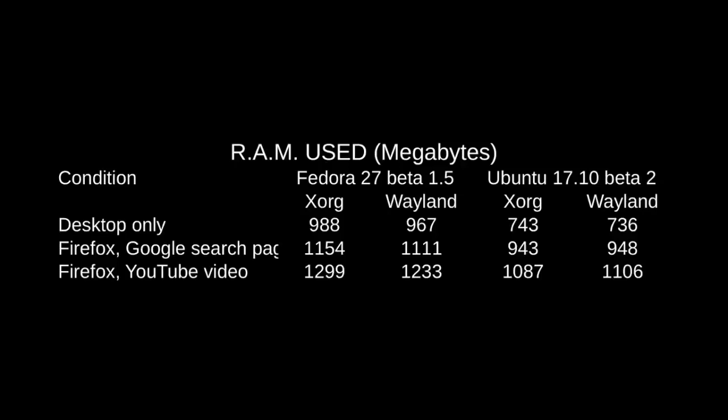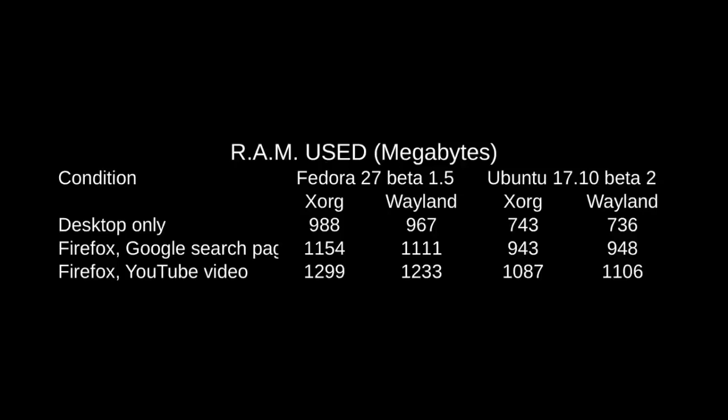One is the desktop only is showing. The next one is that Firefox is displaying the Google search page. And the next one is that a YouTube video is running on Firefox at the standard size, not full screen.